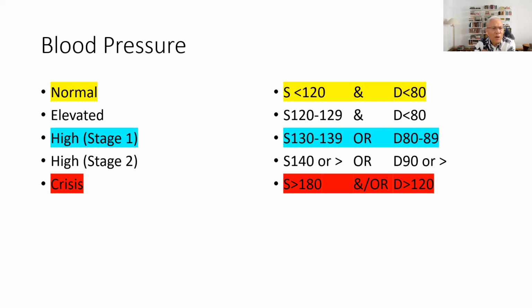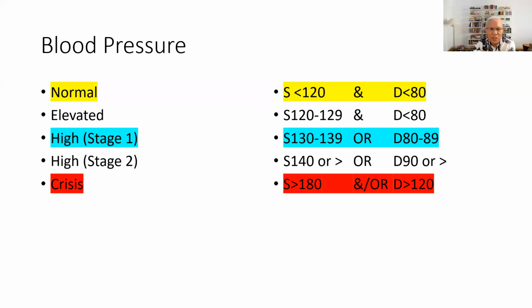And note now that elevated blood pressure is a systolic of 120 to 129 and a diastolic of less than 80. So if your blood pressure is 130, that is now considered to be a high blood pressure.